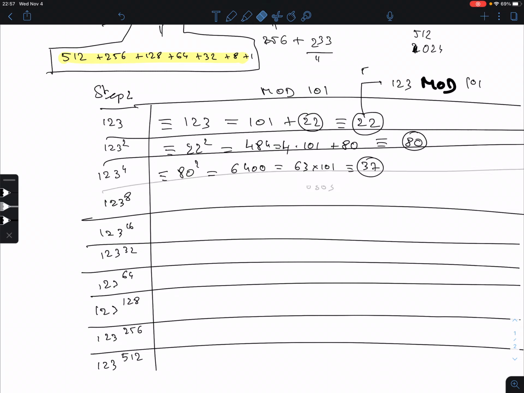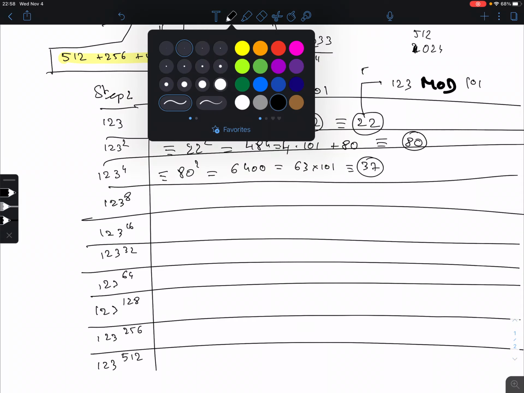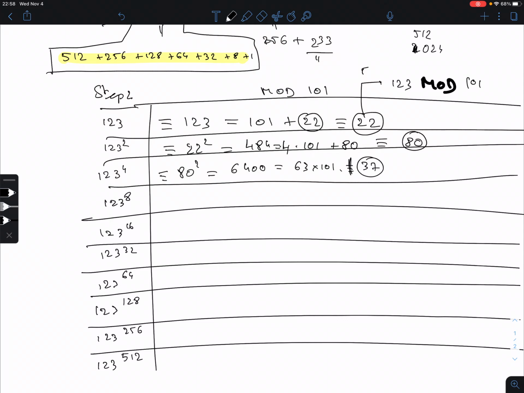Sorry, I wrote this wrong, let me write this correctly. This is 6,363 plus 37, so this is equivalent to 37. The next one: 37, again, I use this here, 37 squared is 1369.